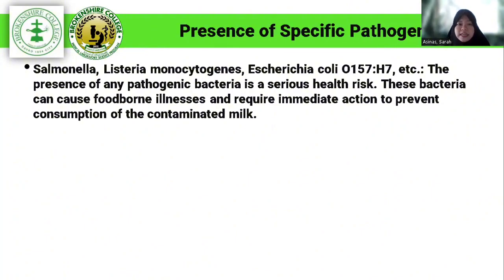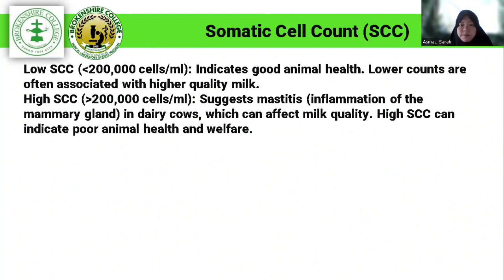And these are some of the presence of specific pathogens: the Salmonella, Listeria monocytogenes, and Escherichia coli. So, the presence of any pathogenic bacteria may indicate a serious health risk. So, this bacteria nagakos siya foodborne illnesses, and it requires immediate action to prevent consumption of the contaminated milk.